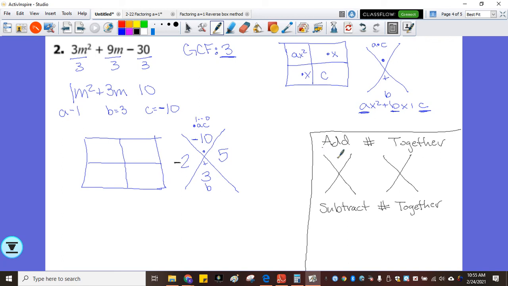If it multiplies to a positive and adds to a positive, your 2 numbers have to be positive.